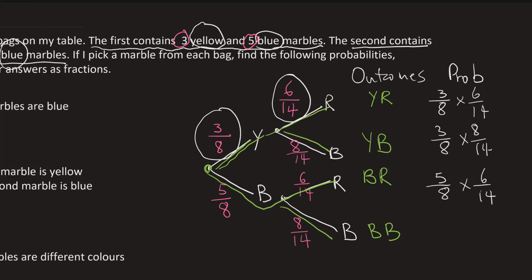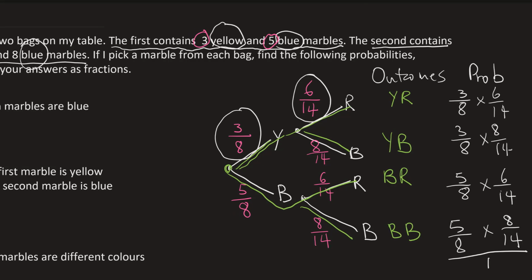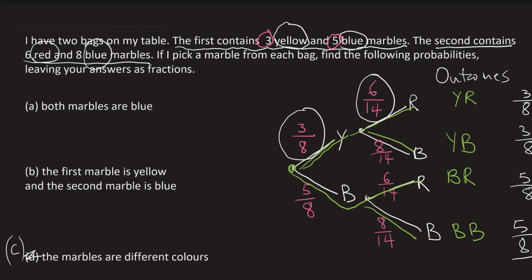And for the last one, blue-blue, 5/8 multiplied by 8/14. And if you grab your calculator and add all these probabilities up, your answer will be 1, which gives you confidence that you have these probabilities correct. Let's move across a little bit here, and now we can start to answer the questions.